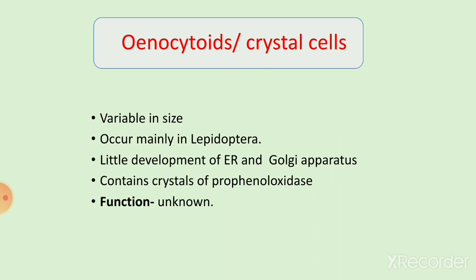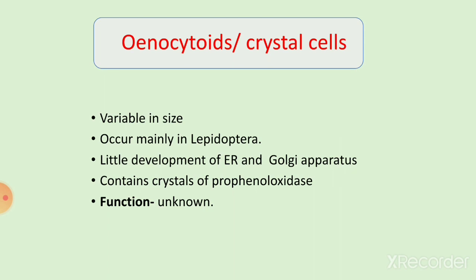Oenocytoids occur mainly in Lepidoptera, where they are among the largest of the hemocytes. They exhibit little development of the endoplasmic reticulum and Golgi apparatus, but they have a complex array of microtubules and sometimes crystalline inclusions.